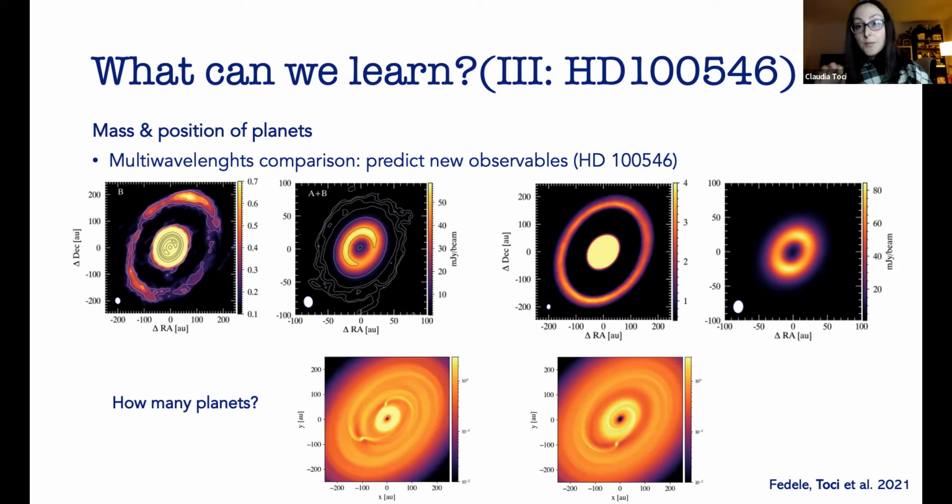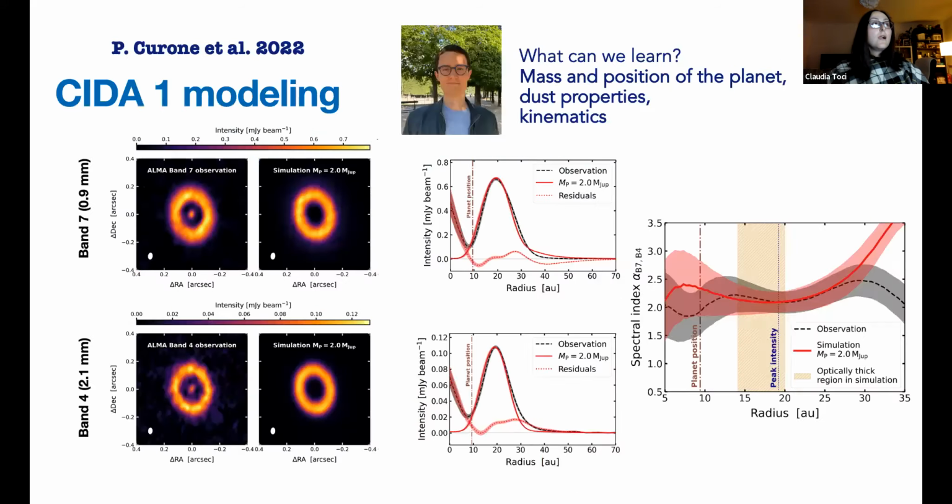While if you have a system of lower mass giant planets, maybe they are not massive enough to open a gas cavity, and so maybe these two different scenarios may be distinguished by gas observations.